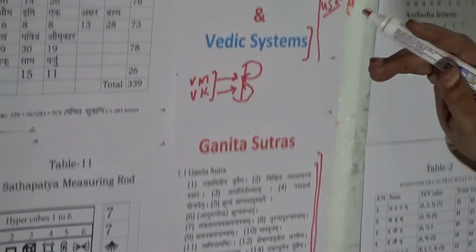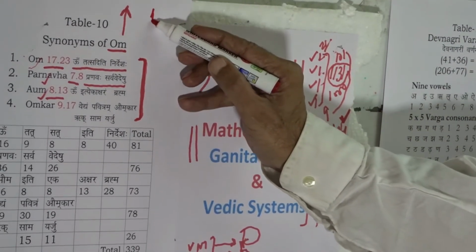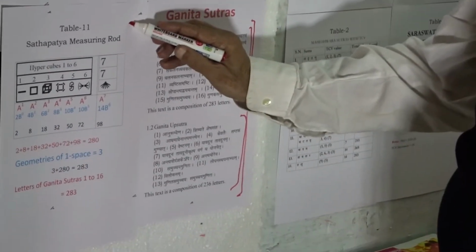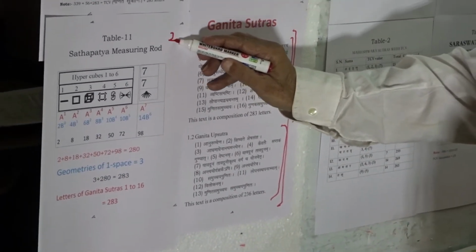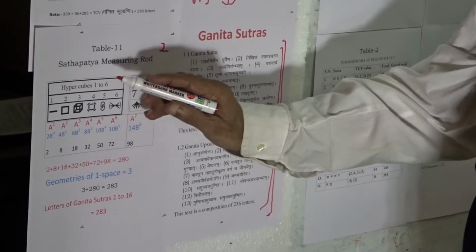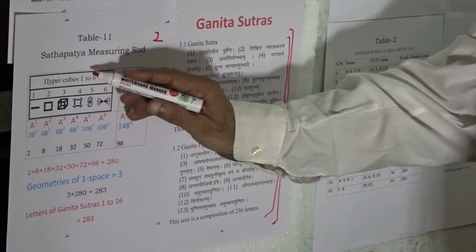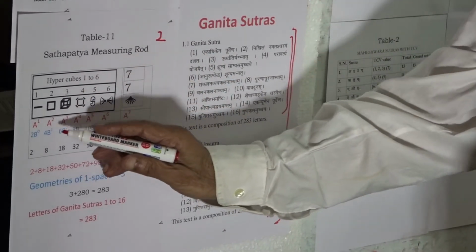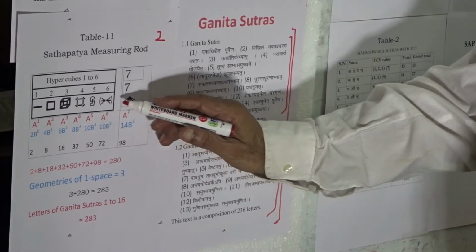The second feature of the Vedic systems is the organization of knowledge along Sthapatya miring rod. Sthapatya miring rod is a synthetic setup of hypercubes 1 to 6, the representative regular bodies of 1 space to 6 space.